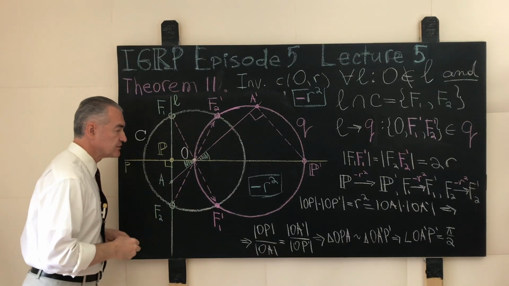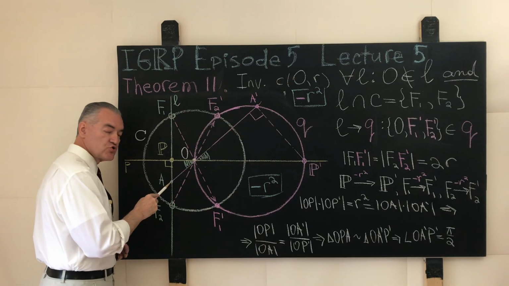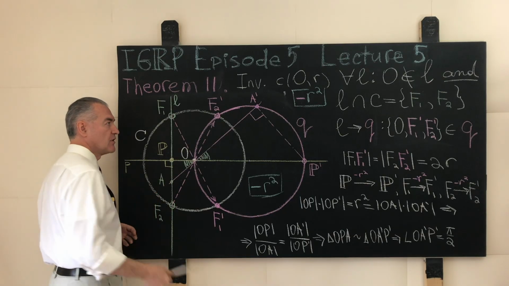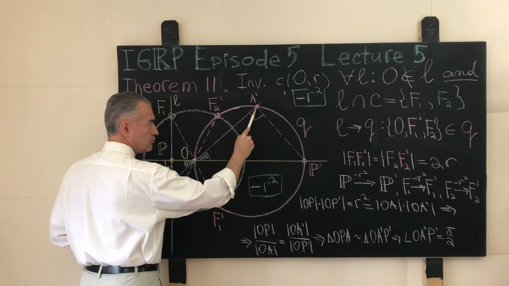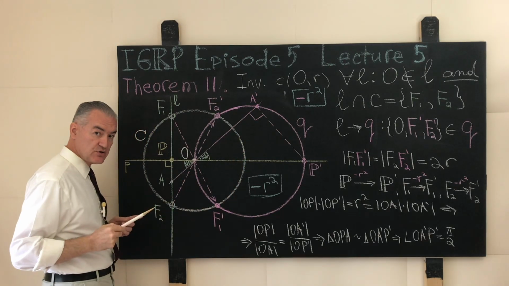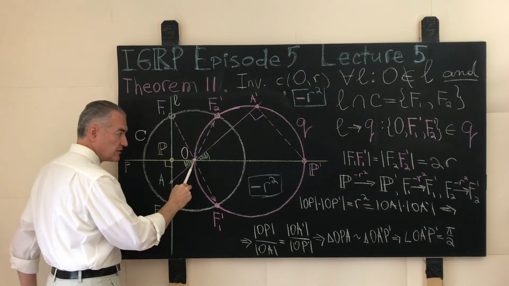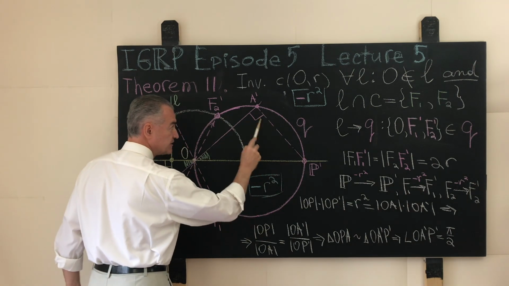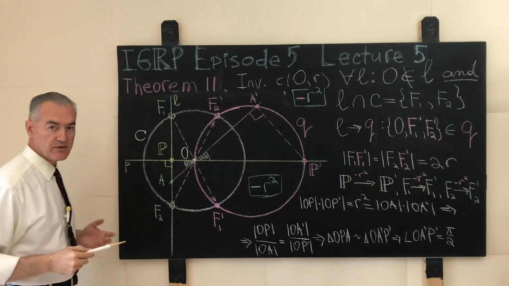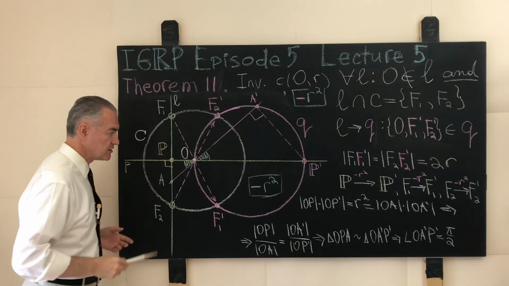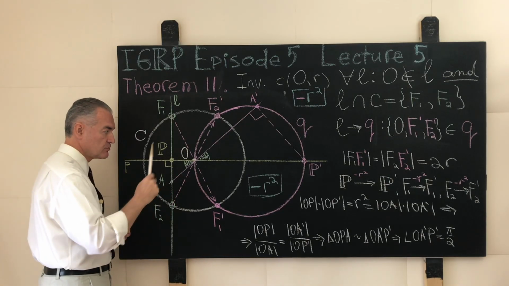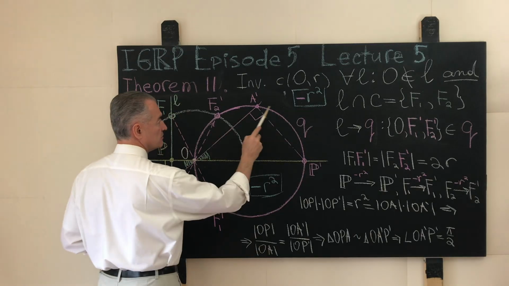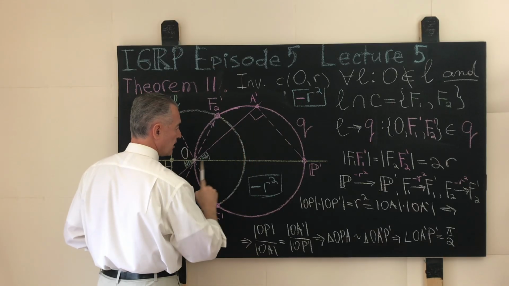And the question is, since the point A was chosen at random, what is the possible orbit of the image points A prime, from each of which one and the same fixed line segment, OP prime, is seen at a right angle? Well, Thales' theorem, or Euclid's Elements, Book 3, where he develops the theory of circles, states that in any circle, the circumference angle in a semicircle is right.